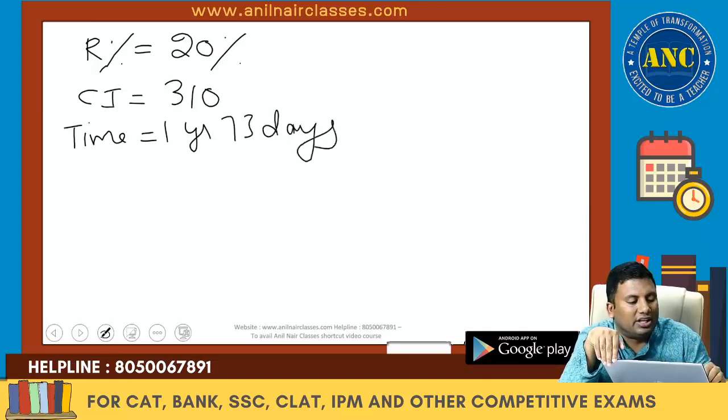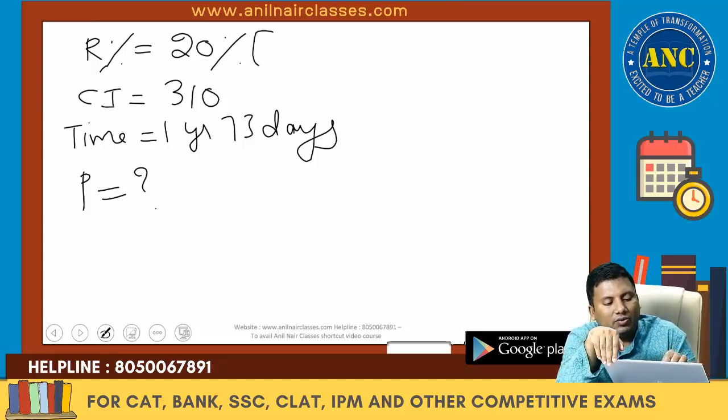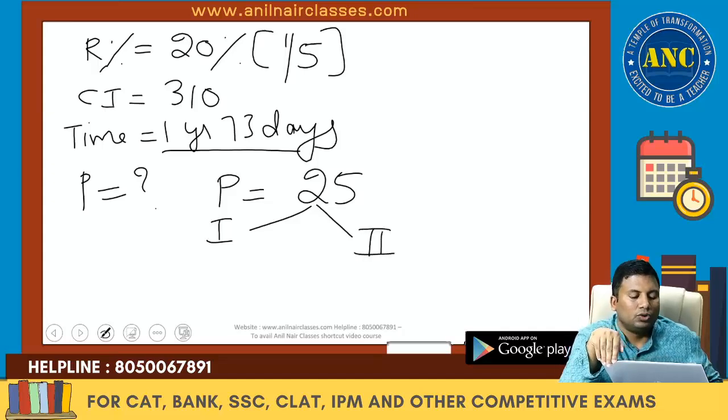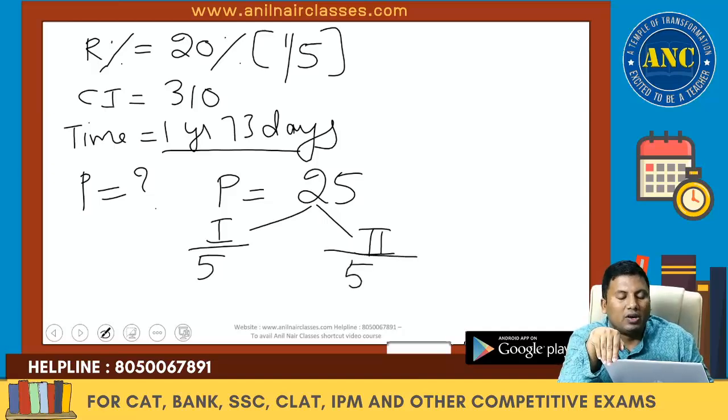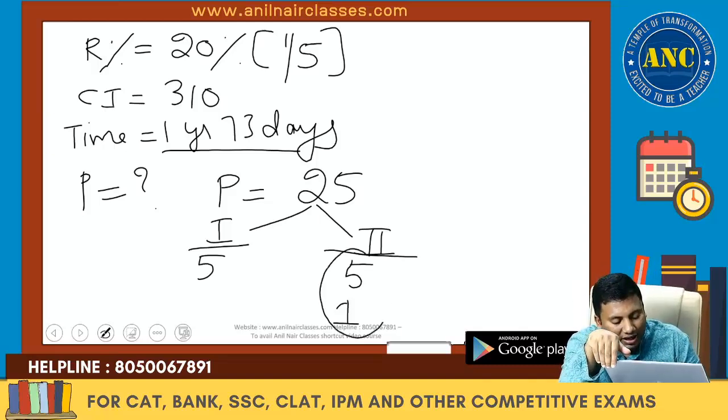Find the principal. 20 percentage is 1 by 5. 73 days means the second year is under progression. 5 square is 25. First and second. 1/5 of 25 is 5. 1/5 of 5 is 1. I hope it is clear. 5 plus 1 is 6.